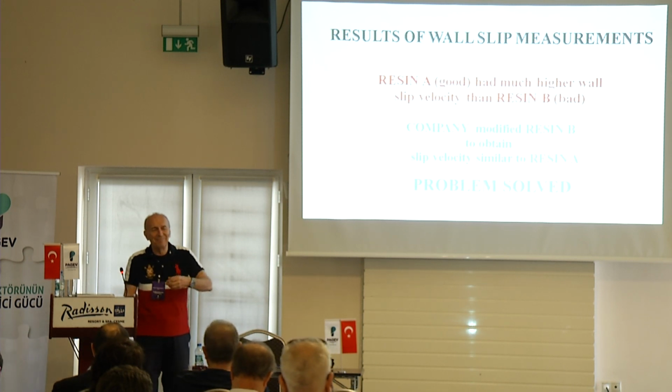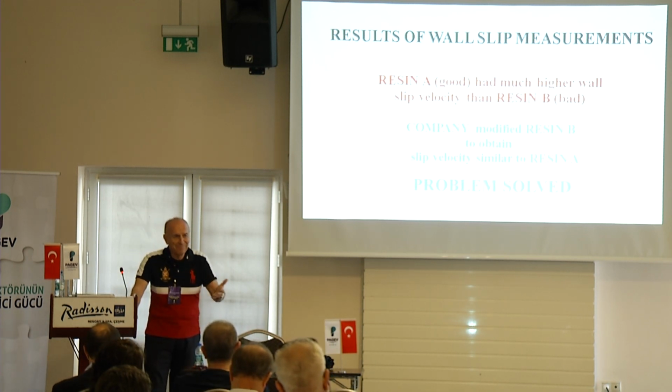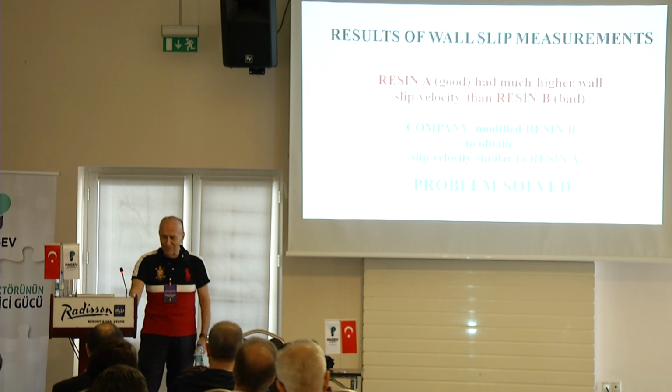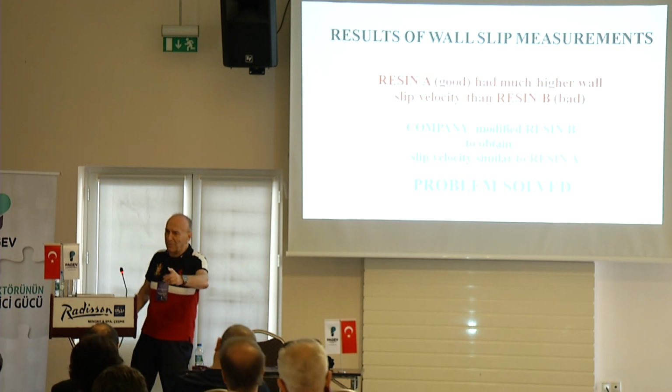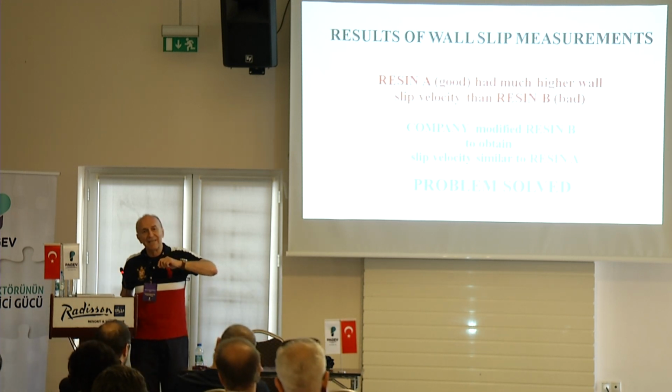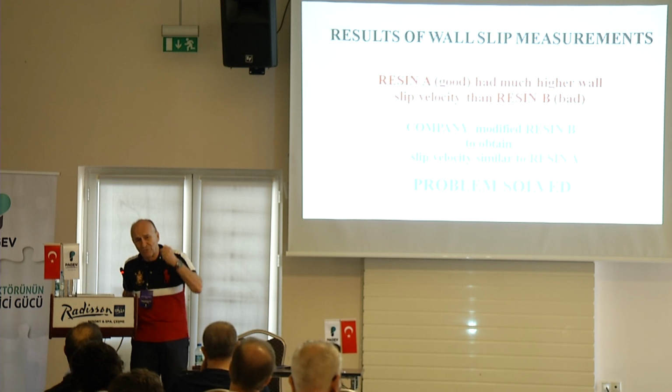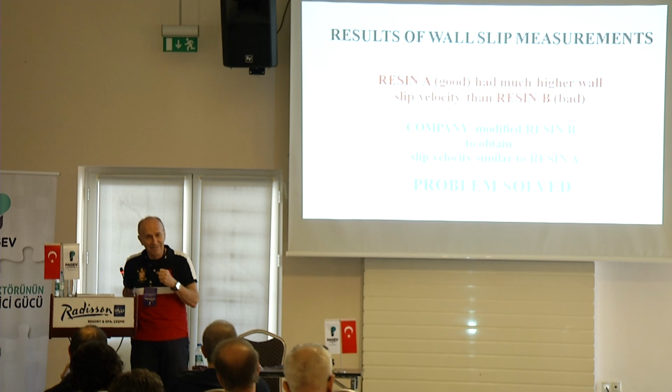But you see, the customer had done everything else. They had not added this slip agent in. So now the problem was solved. But how did we identify the problem? Because when I saw with my calculations and simulation that I had very high shear stress and very high shear rate, right? I must have wall slip.